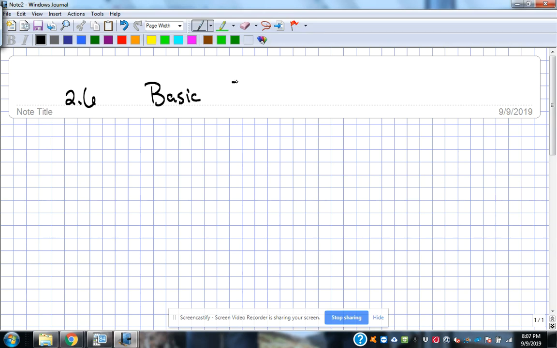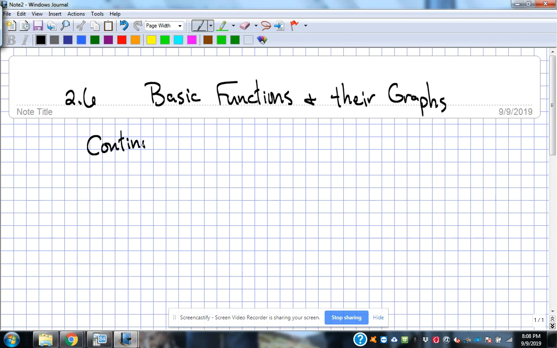Basic functions and their graphs. And I'll try to incorporate some stuff with the graphing calculator as we go with this too, okay? So when we start talking about functions and graphs and things, there's this thing that comes up. It's called continuity. Think about continuous.